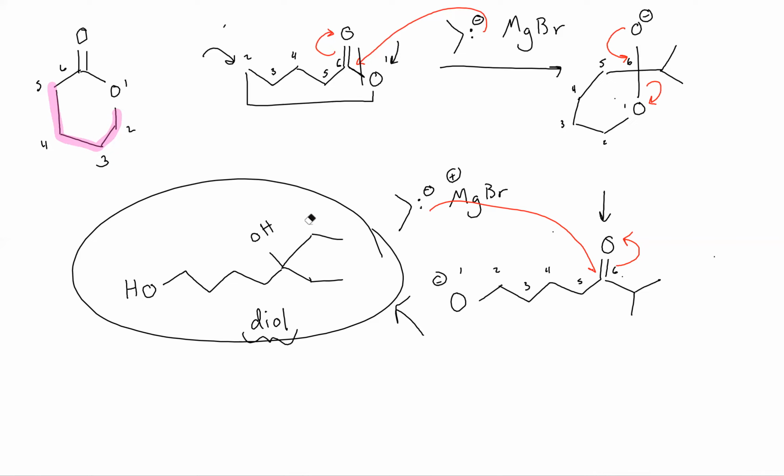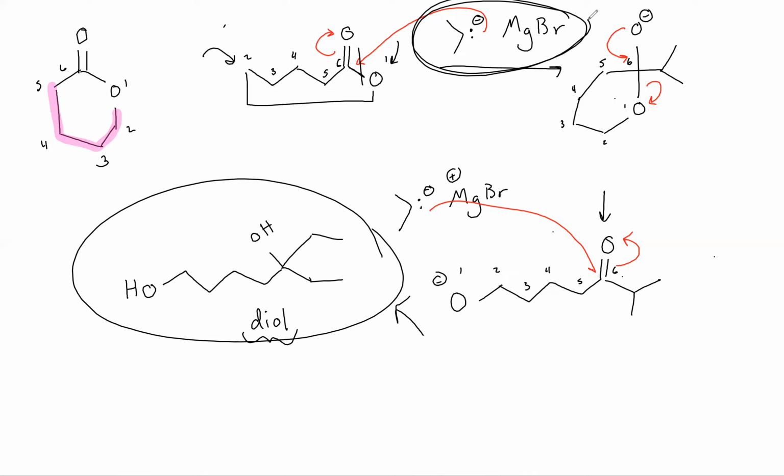And one last thing to mention, this MGBR, this group right here, is a very, very powerful nucleophile. So if you have any oxygens in your little guy here, it's going to try and react with them.